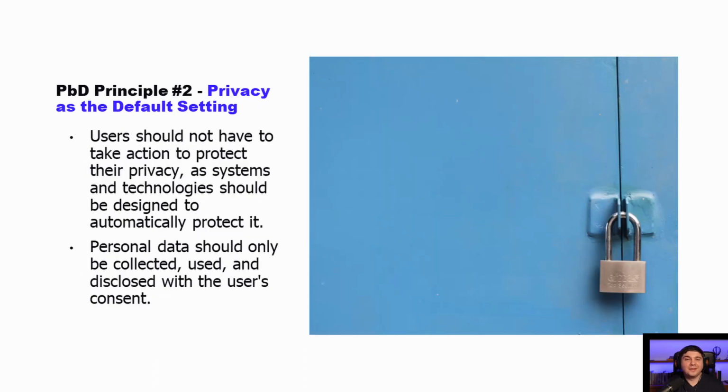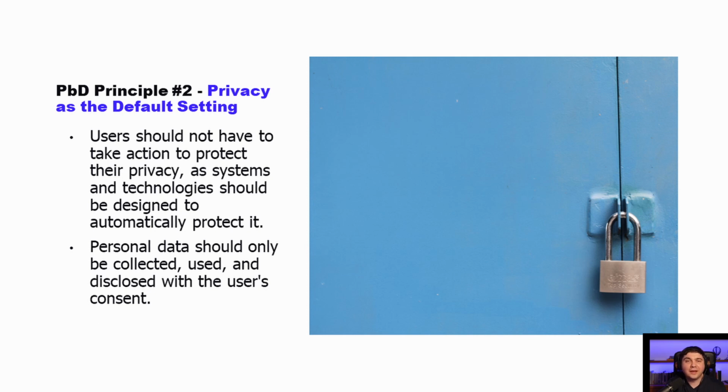Second principle is privacy as the default setting. Your end users should not need to take any action to protect their privacy. By default, their privacy should be protected within your systems and technologies. So you should set various automations so they don't have to take any action.